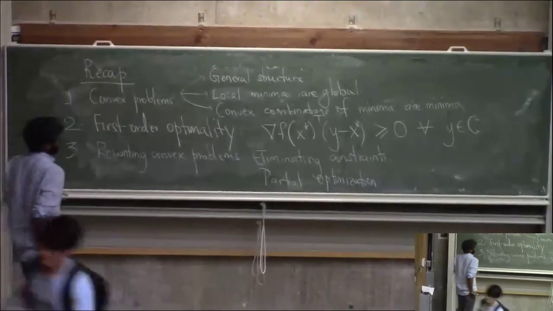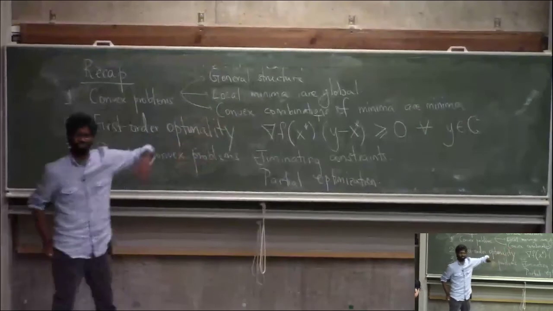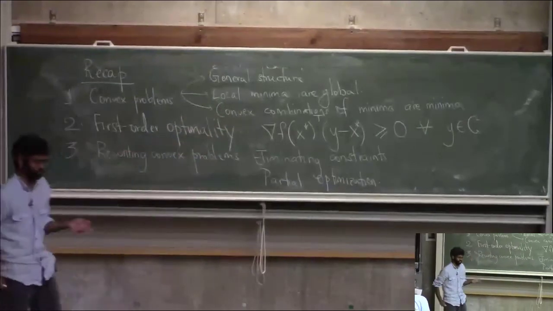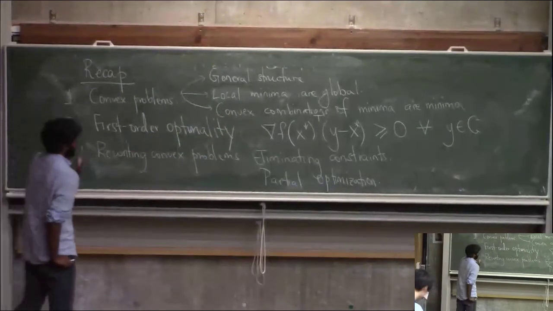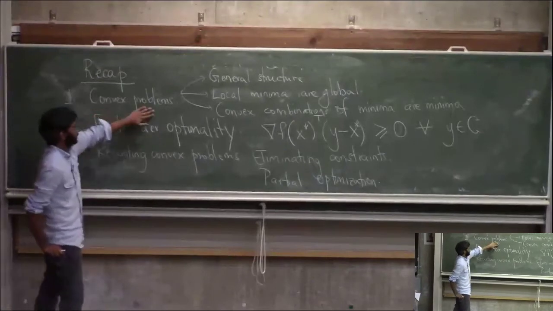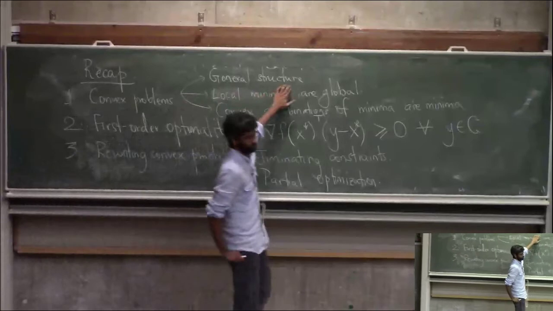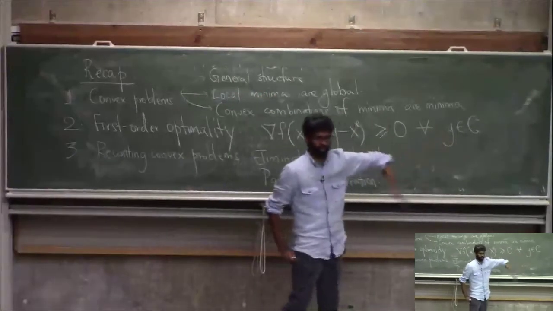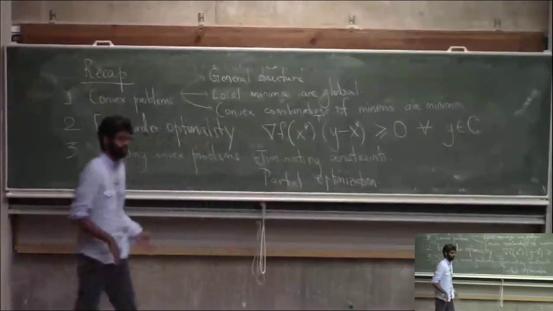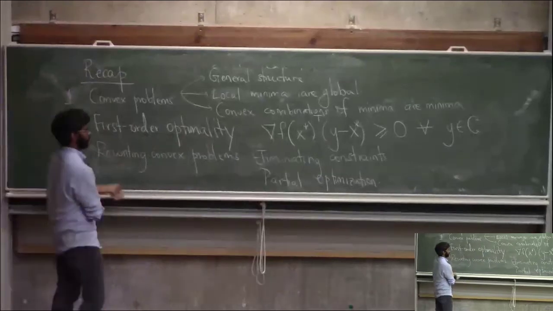But OK, so let's quickly recap some of the things you talked about last time, and then we'll start some new things. So in the last class, you were talking generally about convex problems. There's some general structure for convex problems, which is you're minimizing some convex function with convex inequality constraints and affine equality constraints.